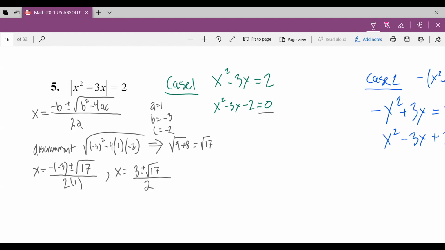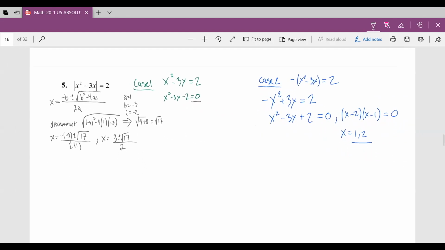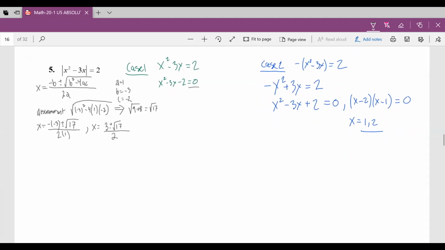All right, so we've got 4 possible x values. Let's go ahead and do the simple stuff first. What do we do with these x values? We don't know if these are true solutions until we verify. We verify by plugging x equals 1 and x equals 2 into the original equation.